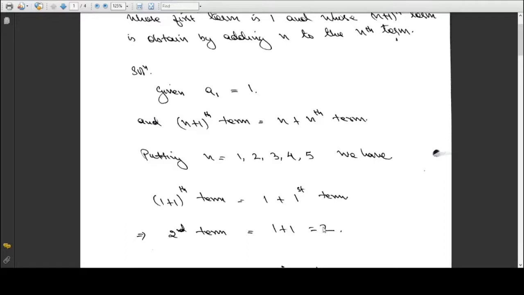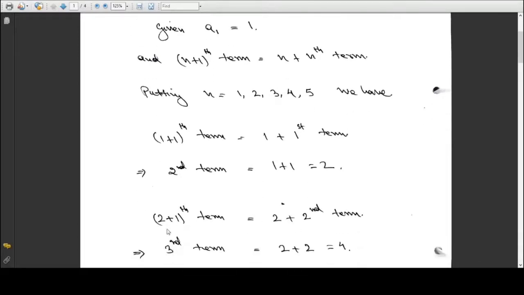Now the next, putting n equal to 2, 2 plus 1 is the third term, and it is 2 plus the second term. The second term we have just found out to be 2. 2 plus 2 gives us 4. That means the third term is 4.